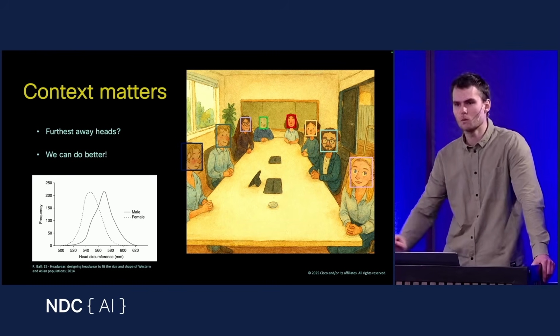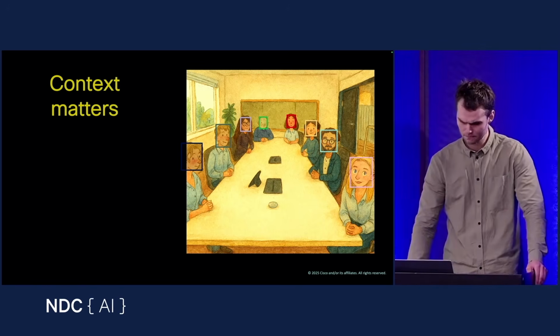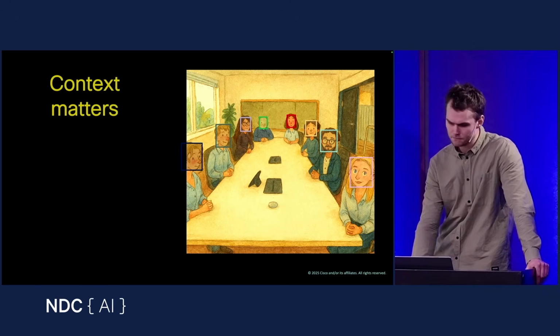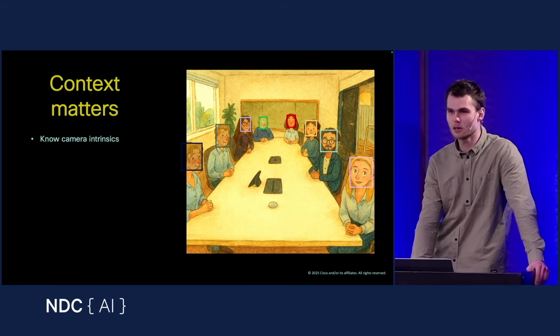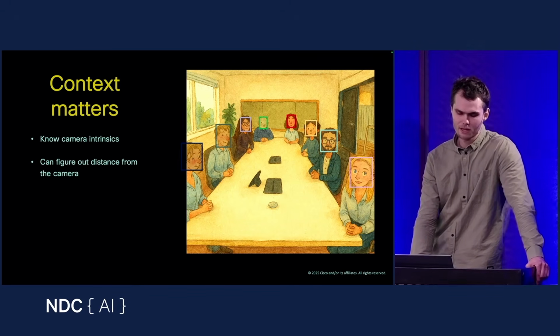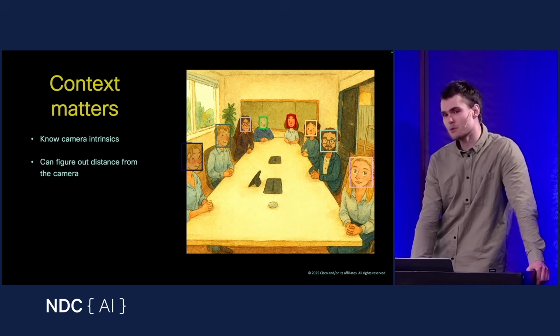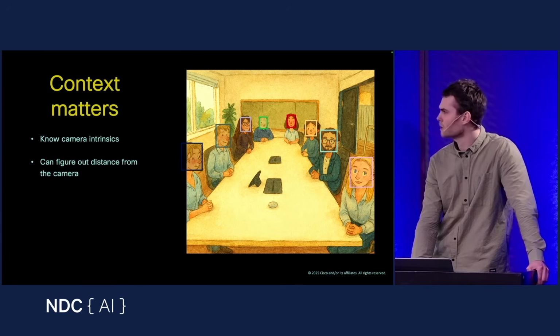So we can do a lot better than saying furthest or smallest. We also know the camera intrinsics that we're working with. We run on our own hardware. And that means that we can figure out the distance from the camera to each of these objects. Not perfectly, but quite well.